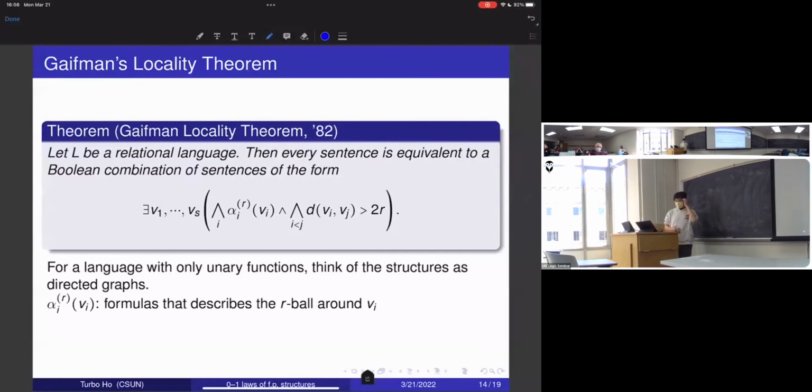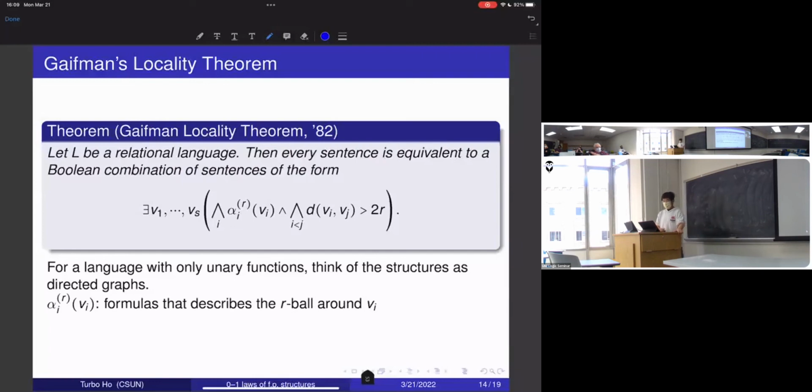In our case, for this alpha i to the R, because we not only have a finite language, but it really came from a functional language, all the balls are actually finite. So what you can do is have all the alpha i's describing just the whole ball, the whole structure within distance R from a point.